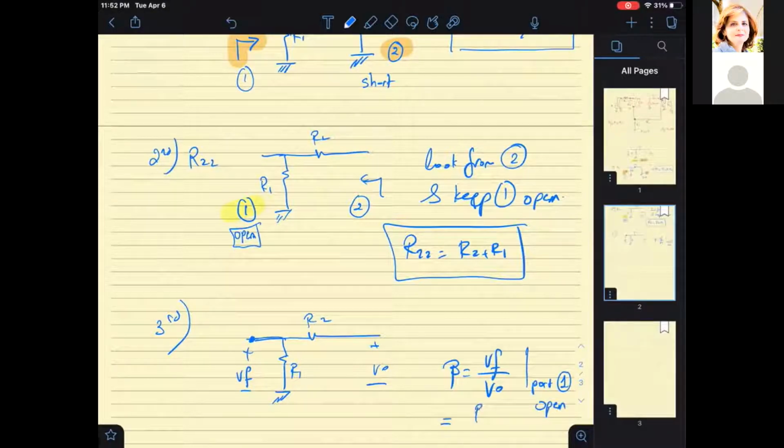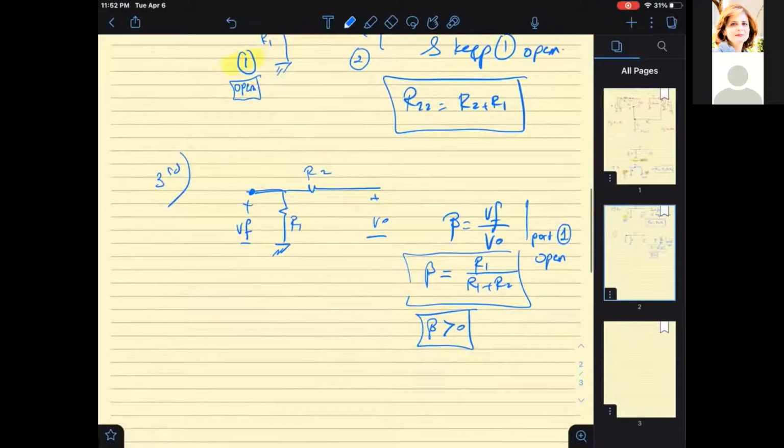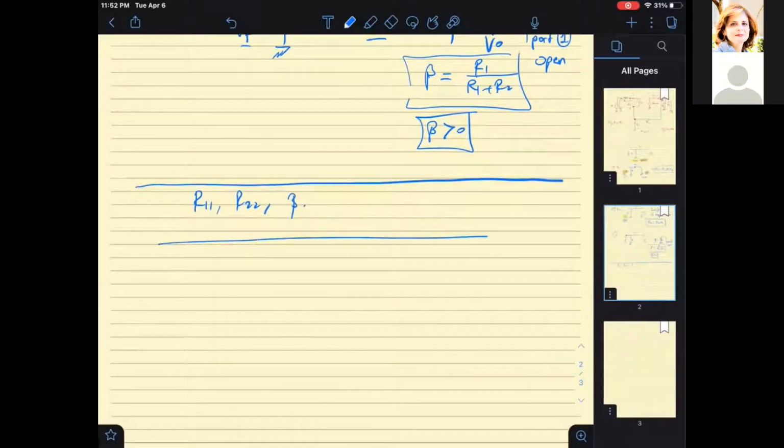So this is equal to R1 over R1 plus R2. Okay. And my beta is positive. Okay, so this way we would have finished solving the information that I need from the beta block, which are R11, R22, and beta.